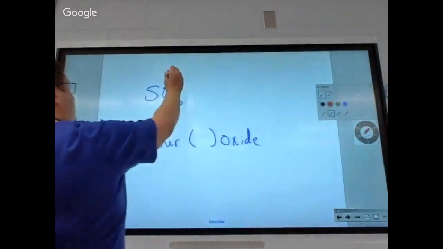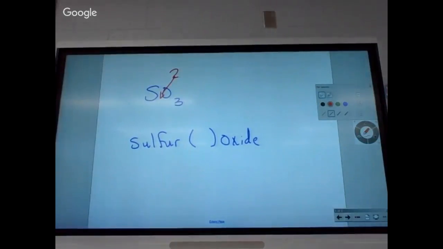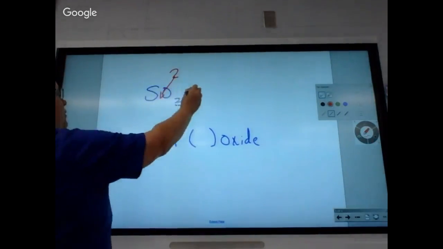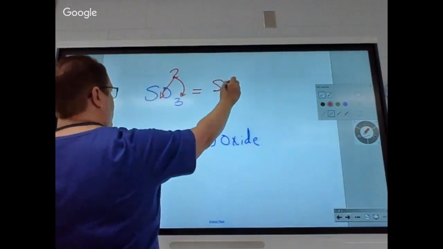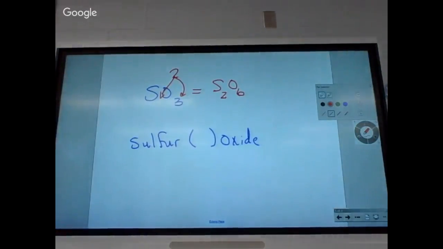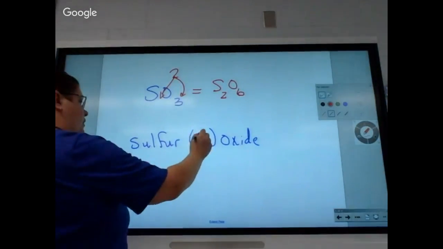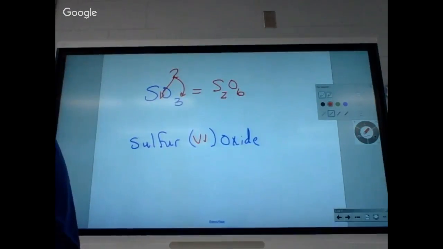Okay. So it should be here, and it's not. So that tells us it was reduced, right? So multiplying the 2 through the subscripts, we get S2O6. So what number came from the S? 6. So that's how I knew it was 6. Anybody else?